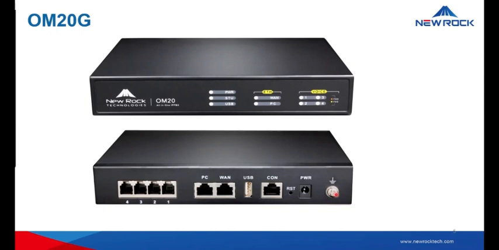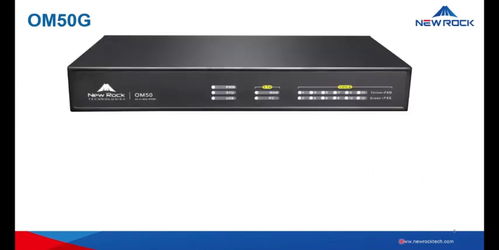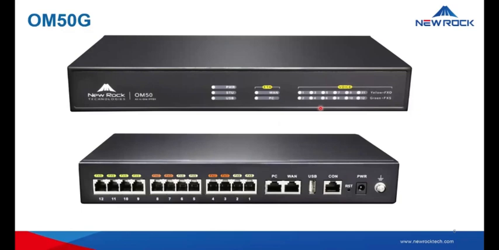The next is our OM50G. Here, actually, this is just a bigger version, the OM50G. So still the same, we have the power, STU, USB, WAN and PC LED status, and of course the FXO and FXS LED port indicators.